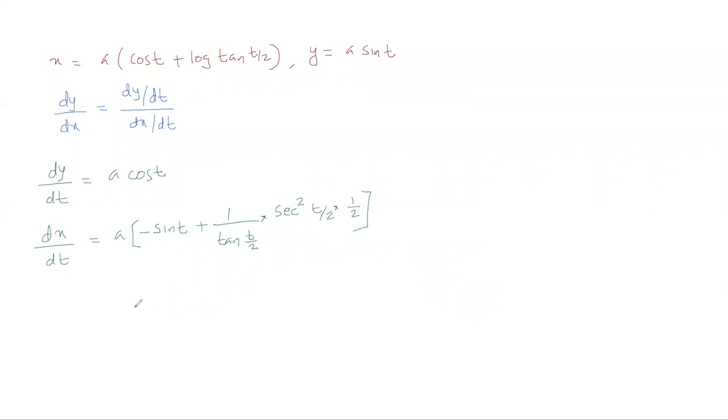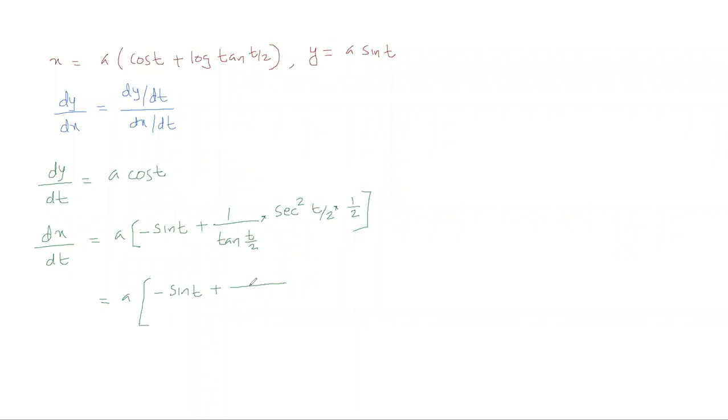So which is equal to a into minus sin t plus 1 by tan t by 2.